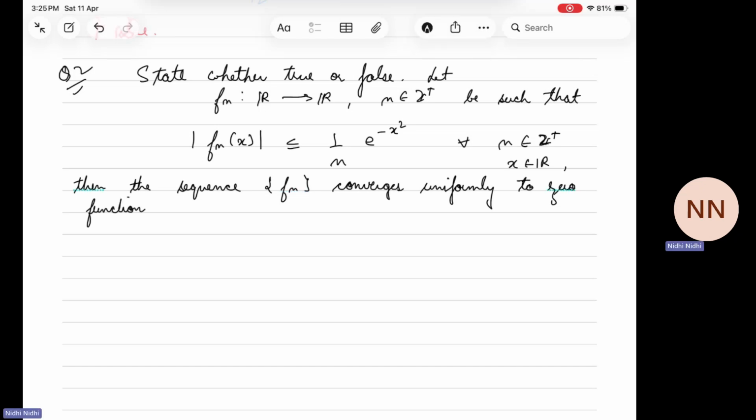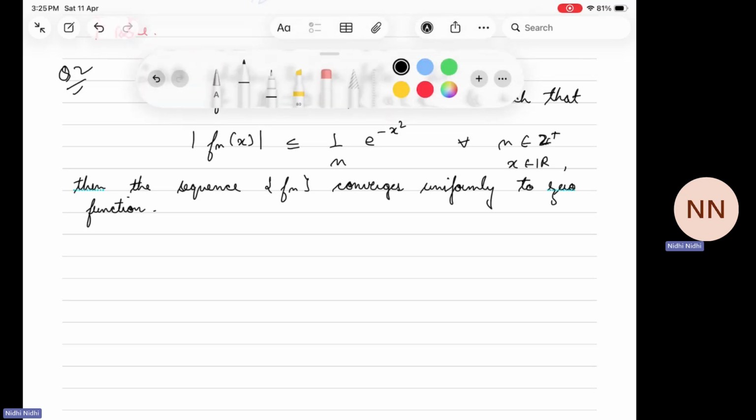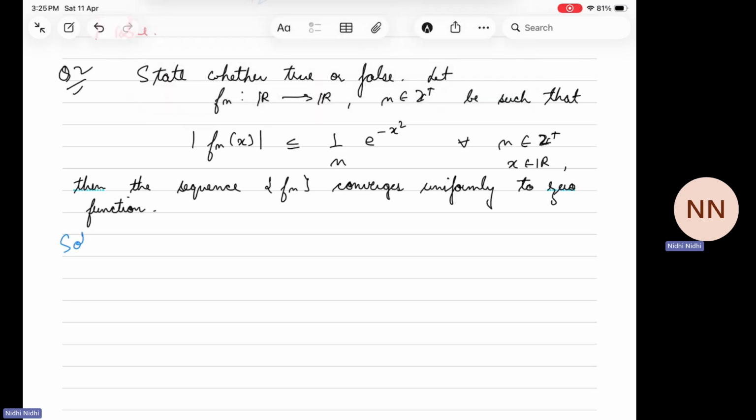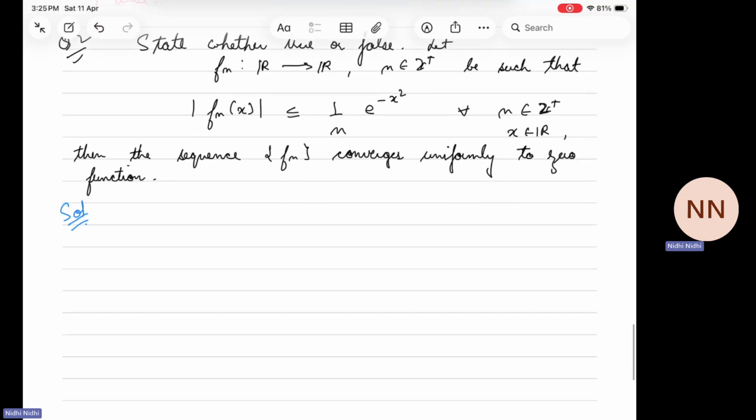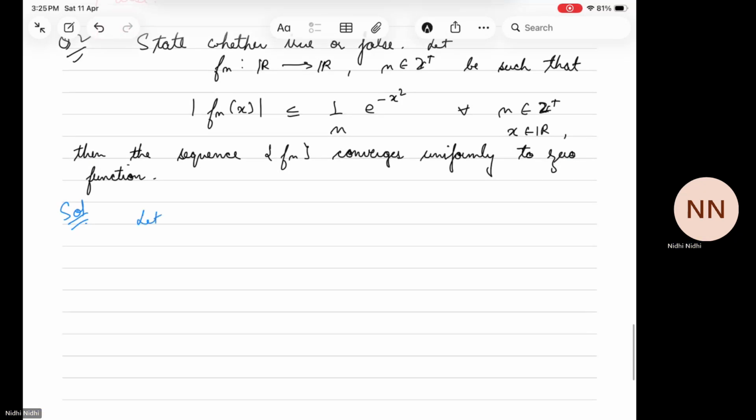We are given a sequence of functions and we need to see whether this converges uniformly to the zero function or not. So while looking for the uniform limit, firstly we should know whether it converges pointwise or not. So let's find its pointwise limit. Let x naught belonging to R be fixed. For a fixed x in R, what do we have?